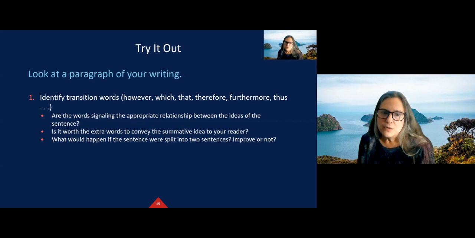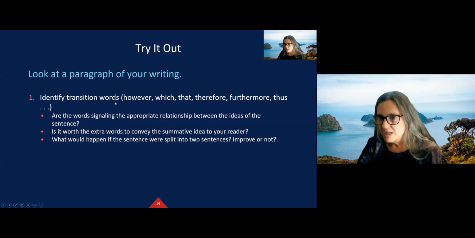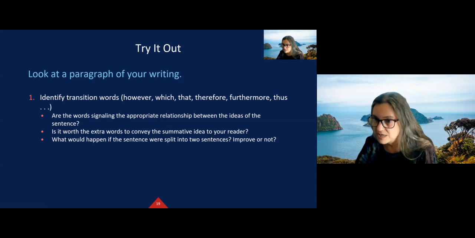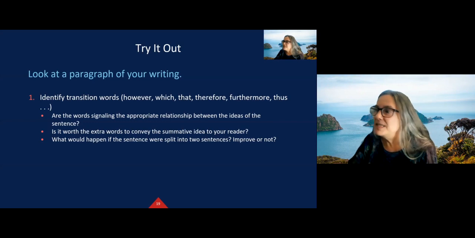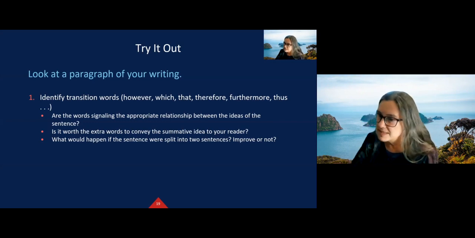That's good. So the first thing I want you to do in this paragraph is just identify transition words. Here, I give you an example of conjunctive adverbs, relative pronouns, and more conjunctive adverbs, but there might also be conjunctions like the fanboys, or prepositions like besides, or something like that.